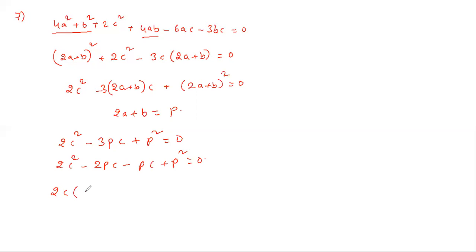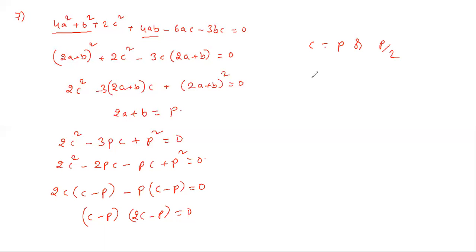So 2c common, c minus p. Minus p common, c minus p. So (2c minus p) into (c minus p) equals 0. So c values are p or p by 2.